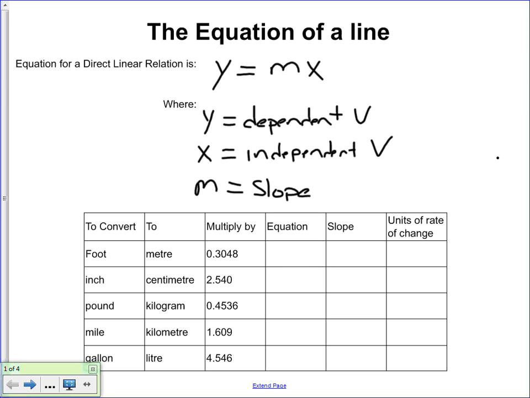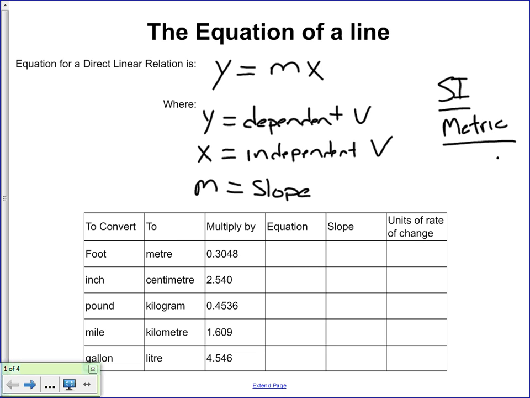So for example, I've got a really good example on measurements. Oftentimes when we deal with government codes in buildings, codes are written in what we call SI units, and the SI units in Canada are metric.